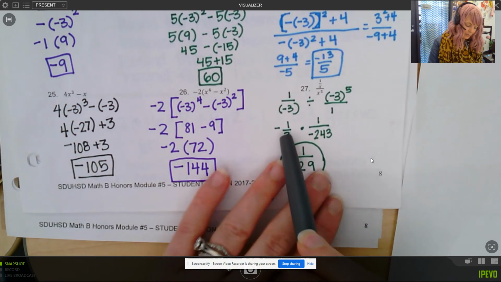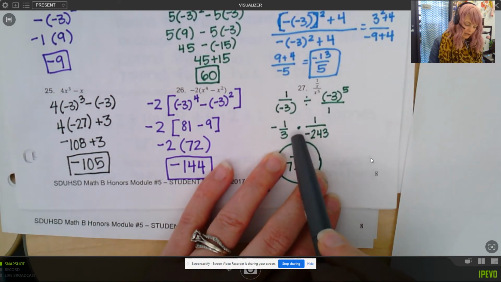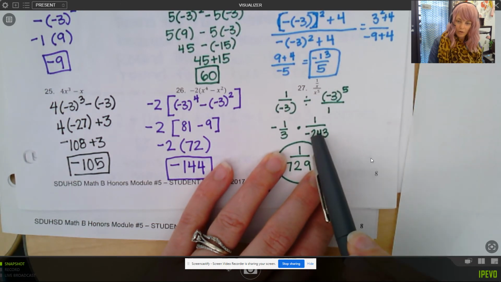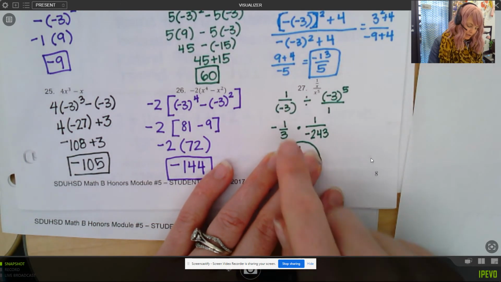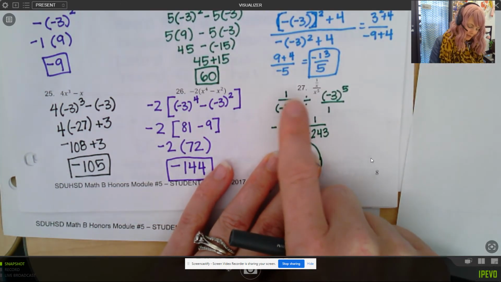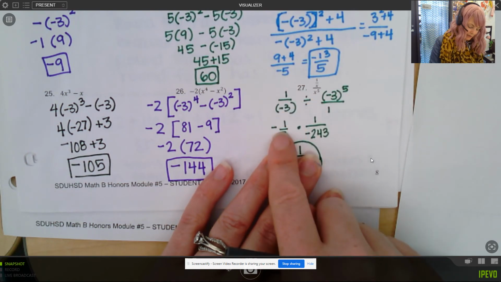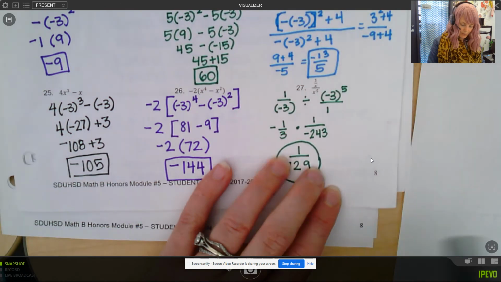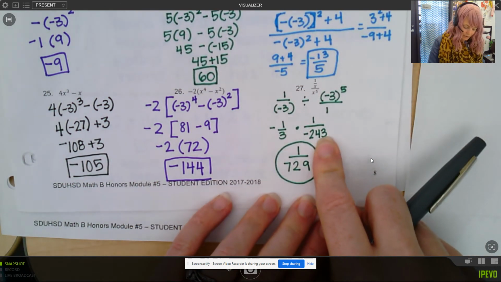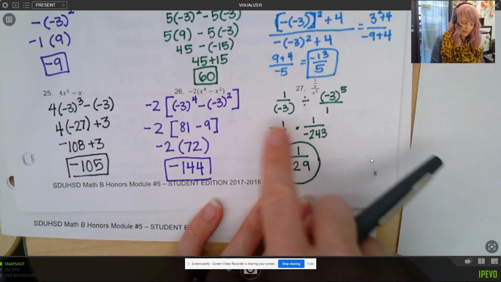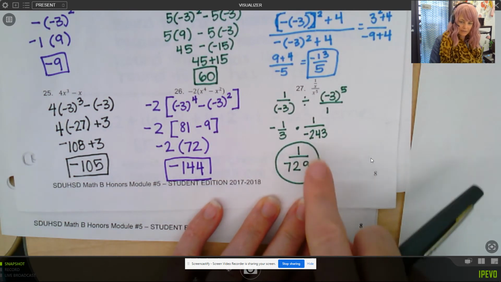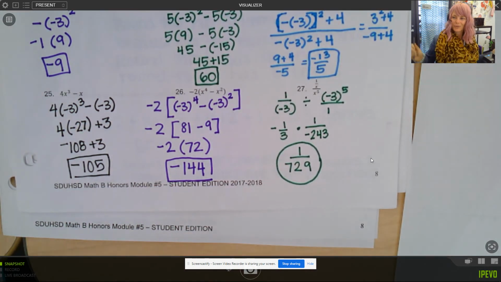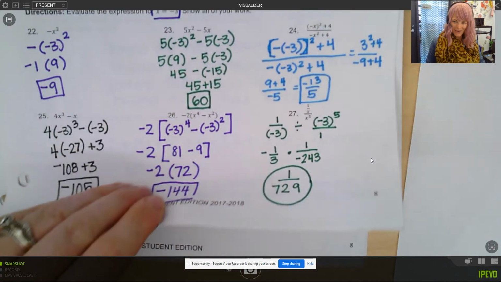Well, we keep the first fraction, change the division to multiplication, and take the reciprocal of the second fraction. So we'd have 1 over -3, plugging in my x, is just -1/3. -3 to the fifth is -243. So this is 1 over -243. And when you multiply across, a negative times a negative is a positive, and you'd have 1 over 729. Nice work.